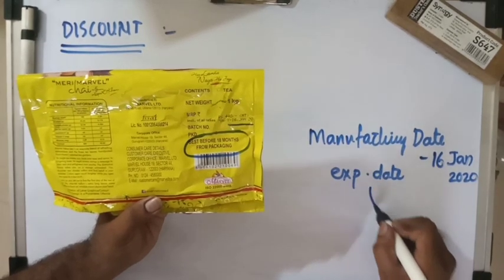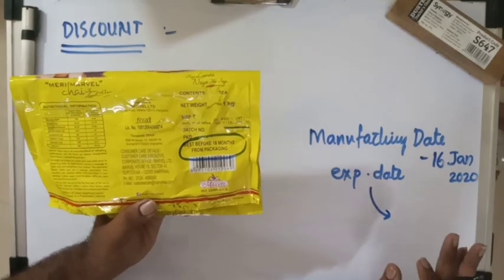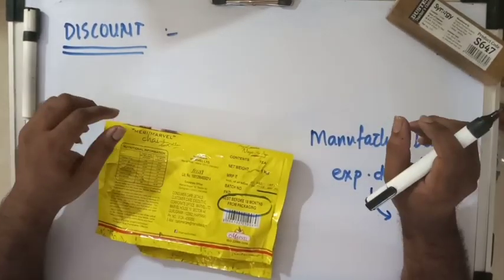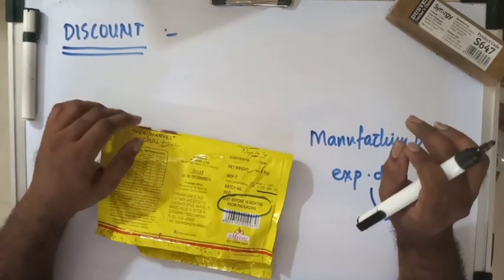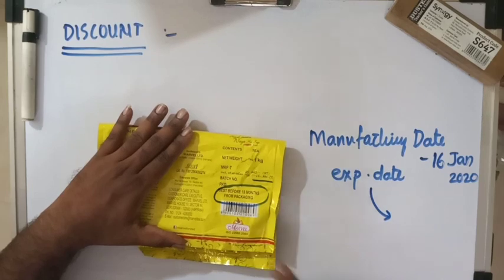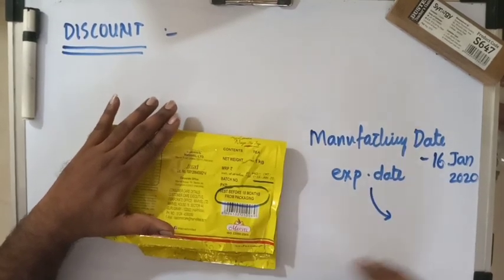So if the expiry date is finished, you need not buy the product. Even if you go to the local markets or any shops nearby, you have to always and always look at the manufacturing date and the expiry date, and this is a very important thing that you need to look out for.